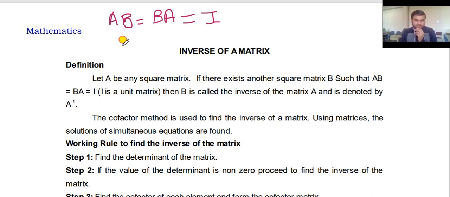So we can say that AB is equal to 1, or we write B is equal to 1 upon A.